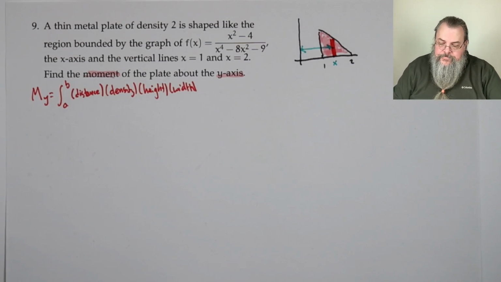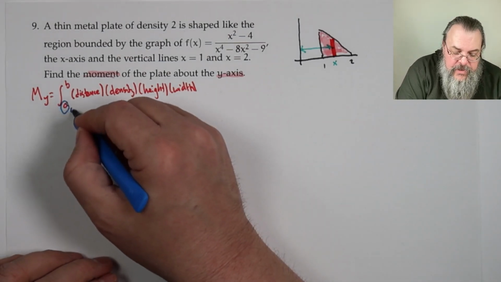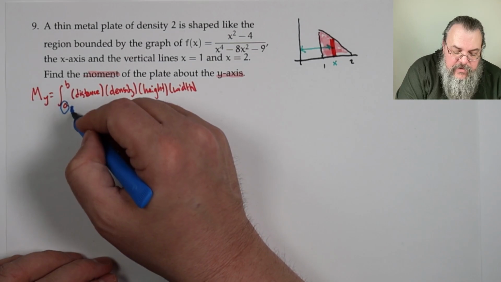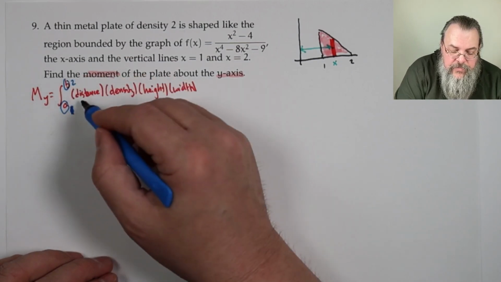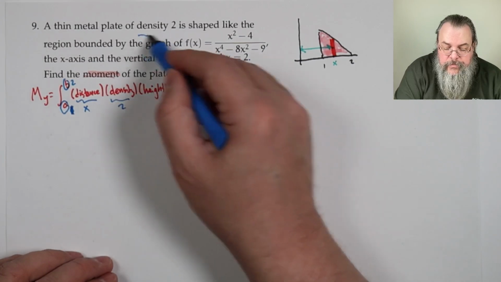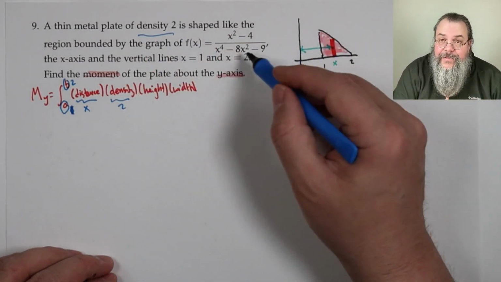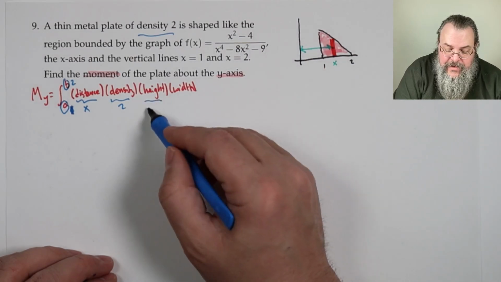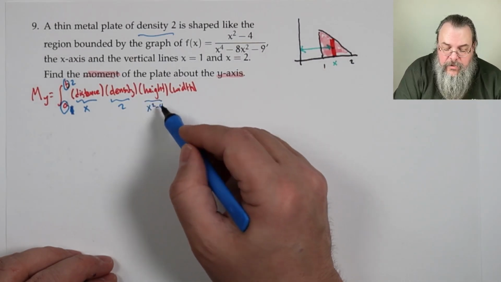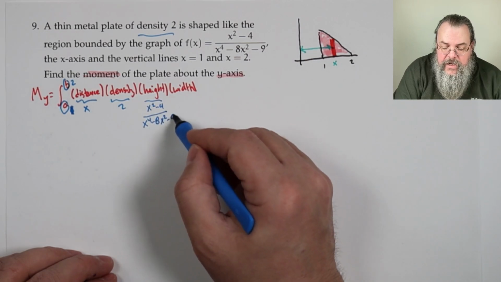Okay, so we're going to go through and fill in these pieces. Well, our A and B, that's where we start and stop the region. So that's at, whoops, not 0, it's at 1, 2. Distance, x. Density, 2, because they gave it to us. It was a freebie. The height is the function. So that's our x squared minus 4 divided by x to the fourth minus 8x squared minus 9.